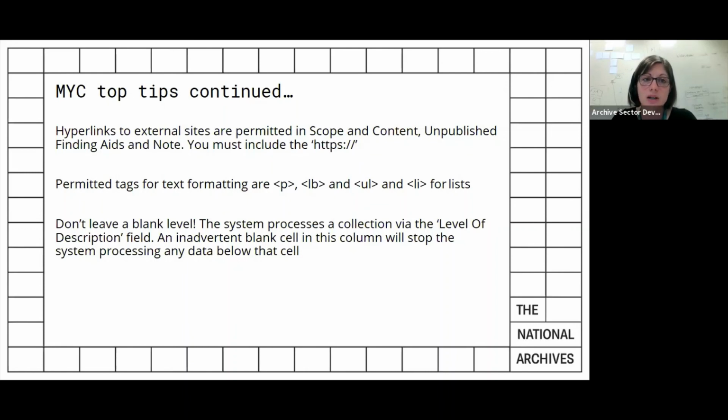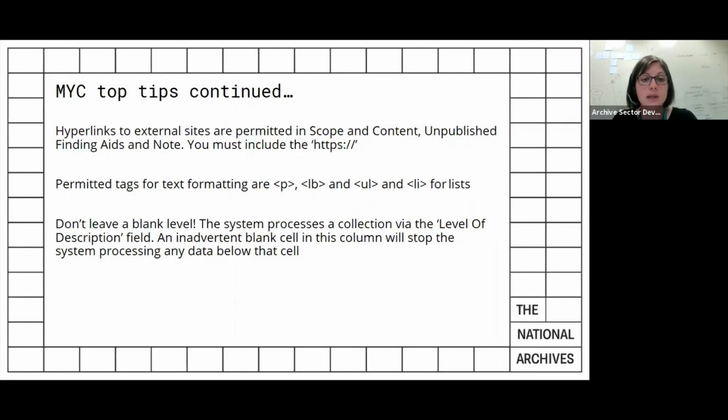And the last one is probably the most common thing that we get an email about from users, which is the system not processing the data. And 9 times out of 10 it's because there's a blank level in the level of description field.